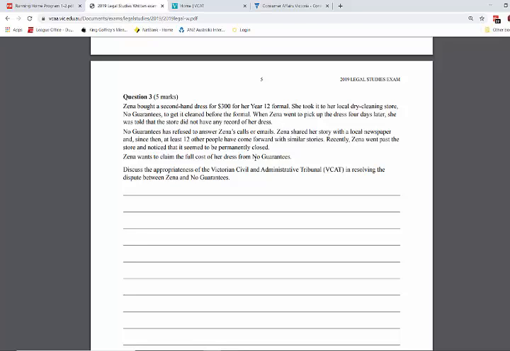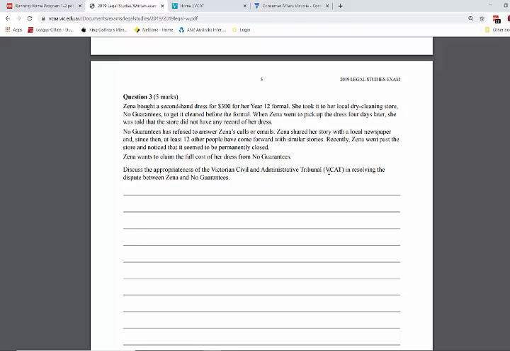And the question that we were asked on this exam was, discuss the appropriateness of VCAT in resolving this dispute. So basically, should Zena use VCAT? Now, you might notice no mention of CAV here, and particularly this was important in the assessment report, but definitely discussed at marking, was the idea that you don't actually, and this has come out in lots of assessment reports before, because this question only mentions VCAT, you only have to talk about VCAT.